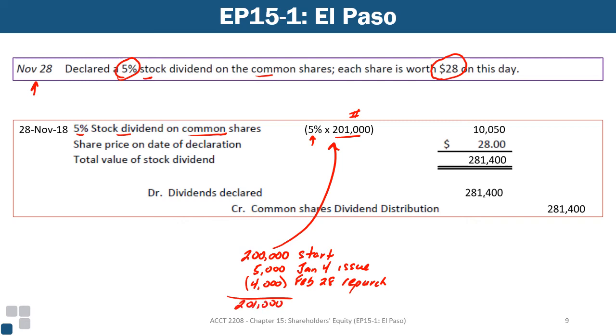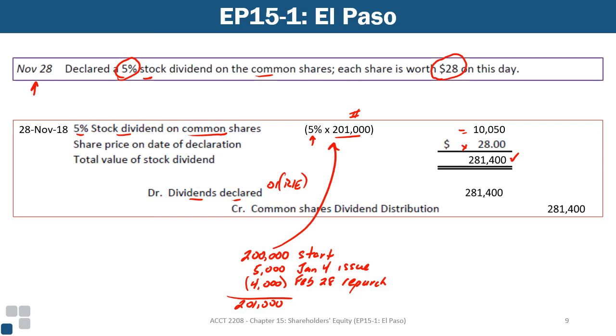So 201,000 shares times 5% is 10,050 additional shares at a rate of $28, right? That's the value. It means $281,400. So we will debit dividends declared. You could debit retained earnings as well, and that will save you the closing entry at the end, but it's always preferred to do dividends declared.